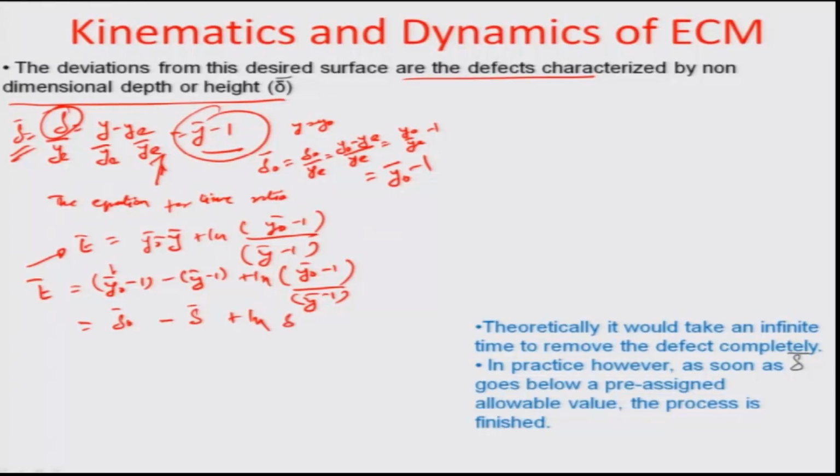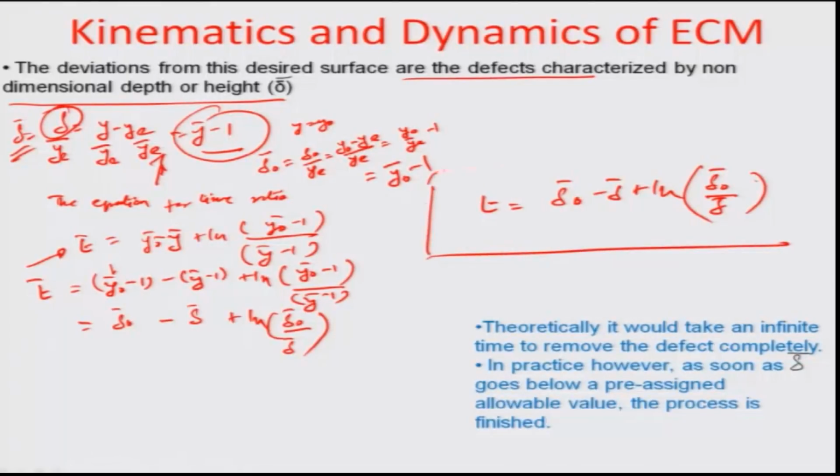I now have an equation completely in terms of the unevenness ratios, given the gap ratios y 0 dash and y dash, as t dash equal to delta 0 dash minus delta dash plus the natural log of delta 0 dash by delta dash.